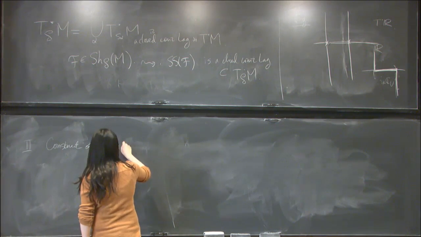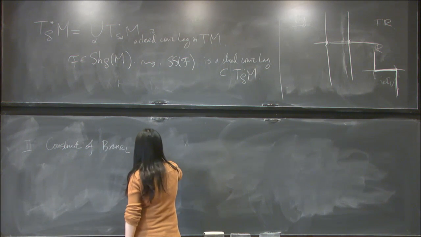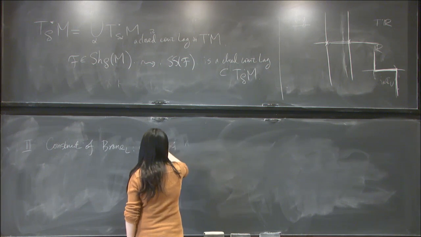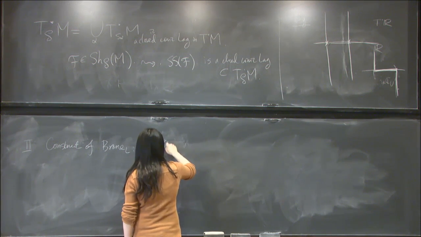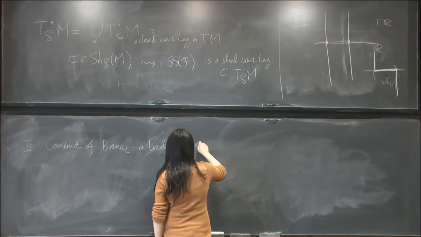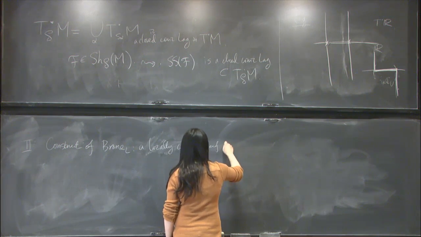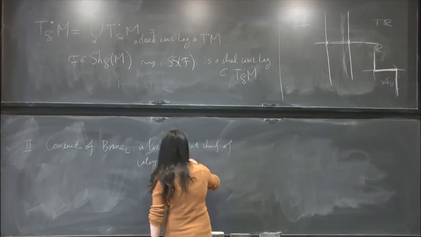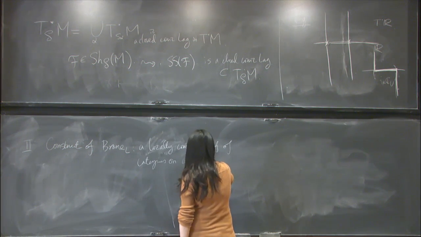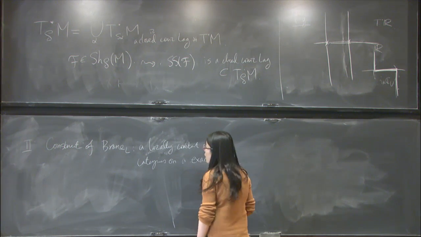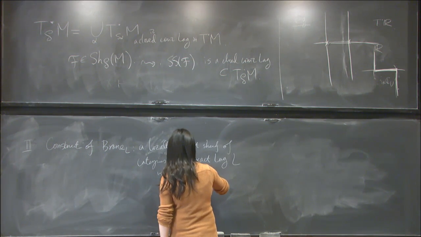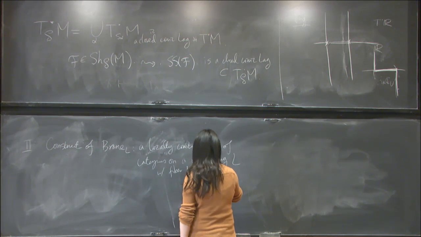So a sheaf of categories, a locally constant sheaf, on a smooth exact Lagrangian L, with fiber Mod K, where K can be any ring spectrum.